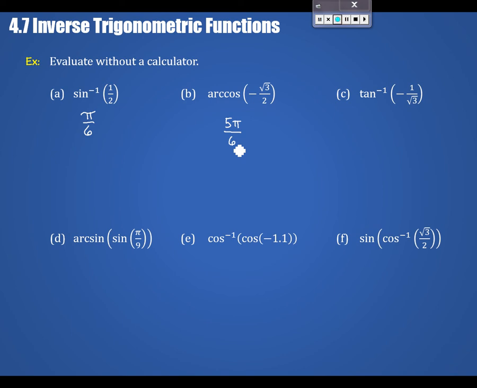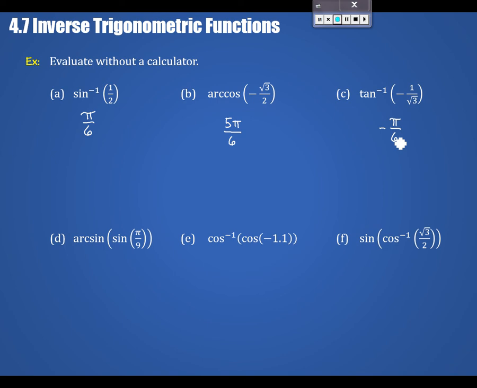I don't think that has a tangent of negative 1 over root 3. It's 2 pi over 3. What is it? It's negative pi over 6.